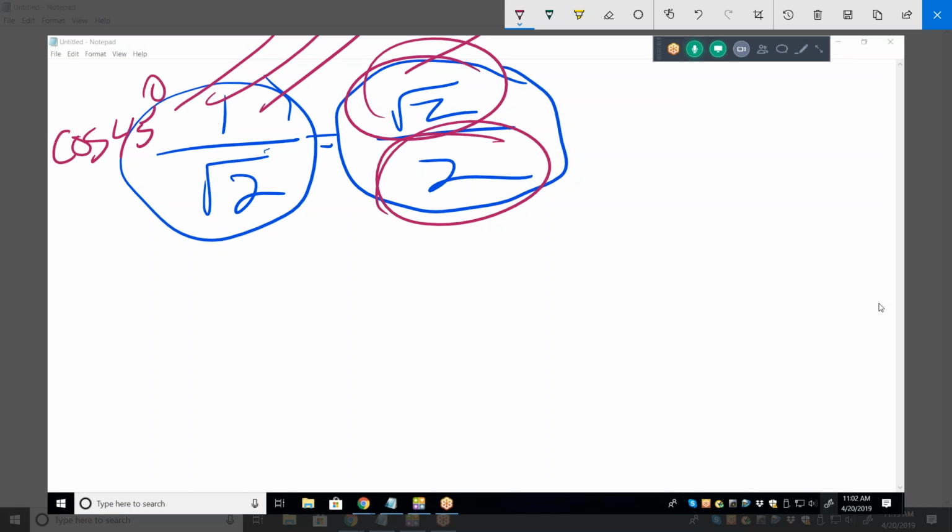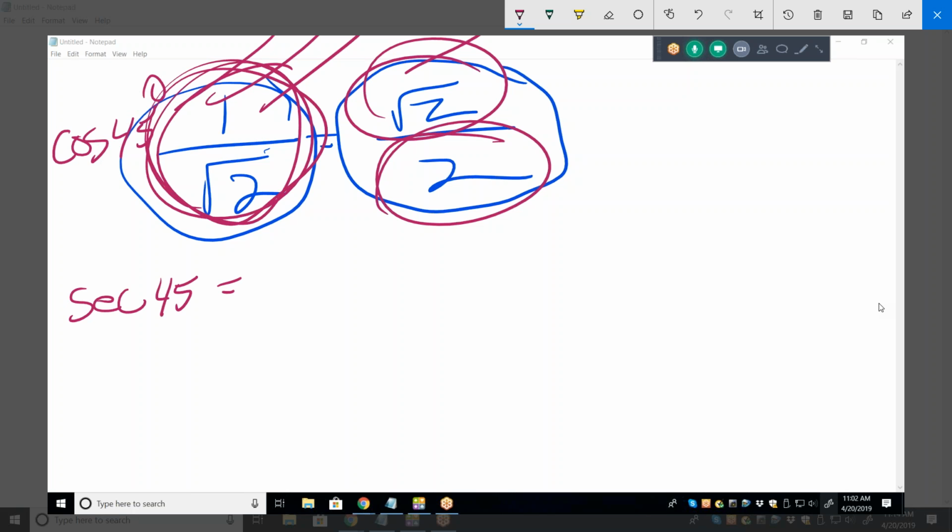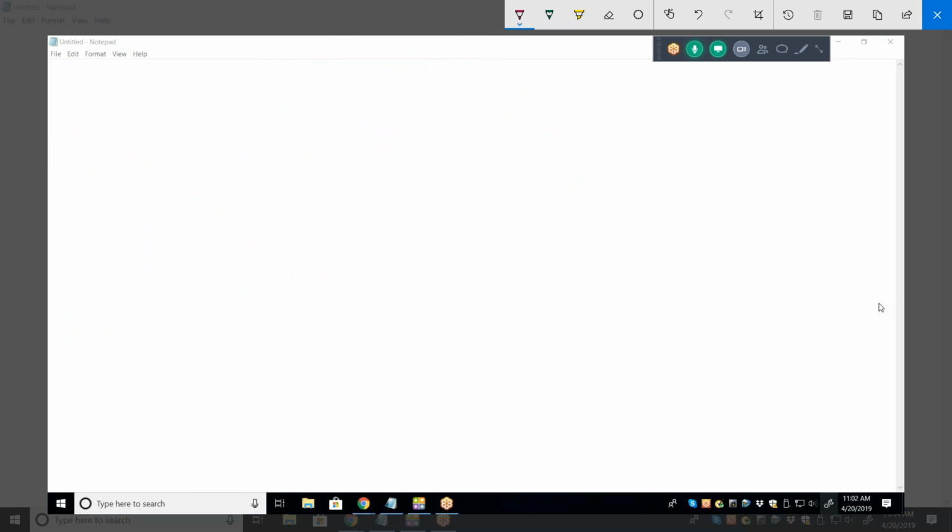Well, if I asked you what the secant of 45 degrees is, I'm going to use this one right here, because if I flip it upside down, I get my answer and I don't have to worry about rationalization. So the new trend in trig is do not rationalize. It's not only not necessary, but it's frequently a waste of time that you have to then spend more time to figure out what the reciprocal is.